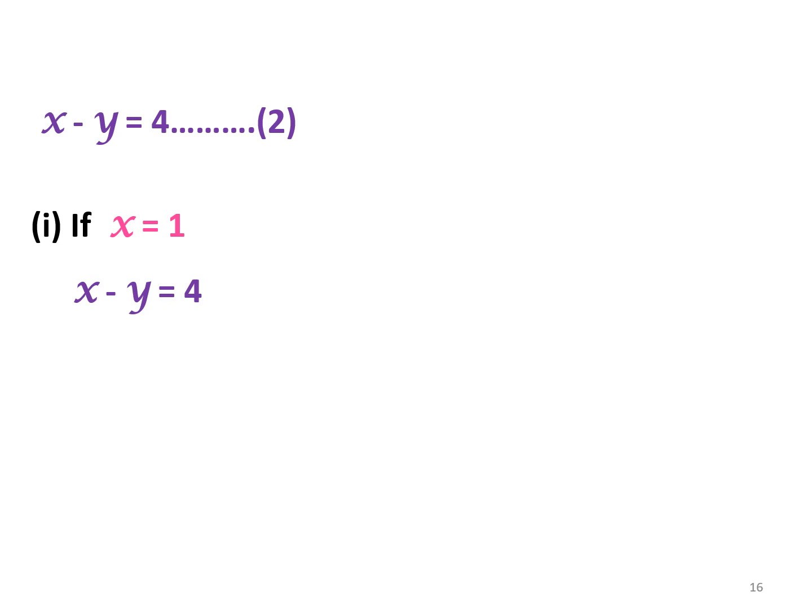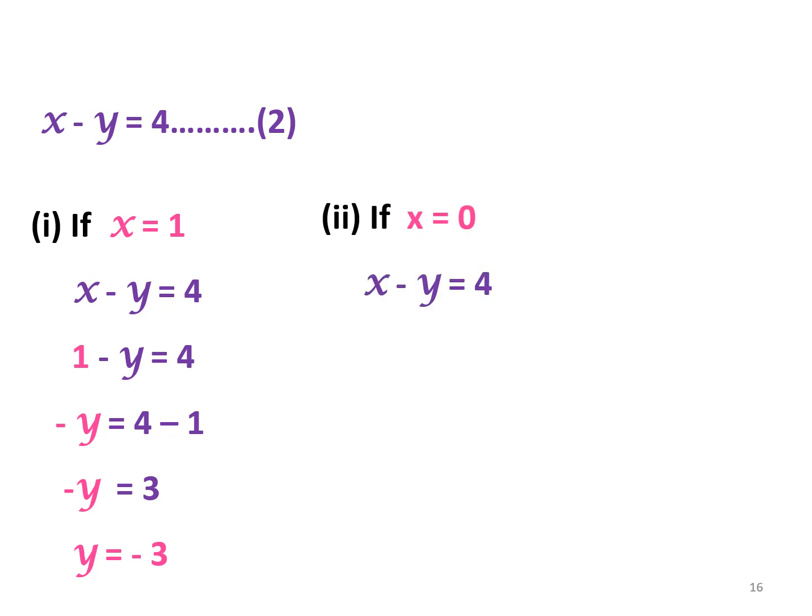So if x is taken as 1, substituting x is equal to 1 in my equation 2, x minus y is equal to 4: 1 minus y is equal to 4. Minus y is equal to 4 minus 1. Y is equal to minus 3. So when the value of x is 1, the value of y is minus 3.